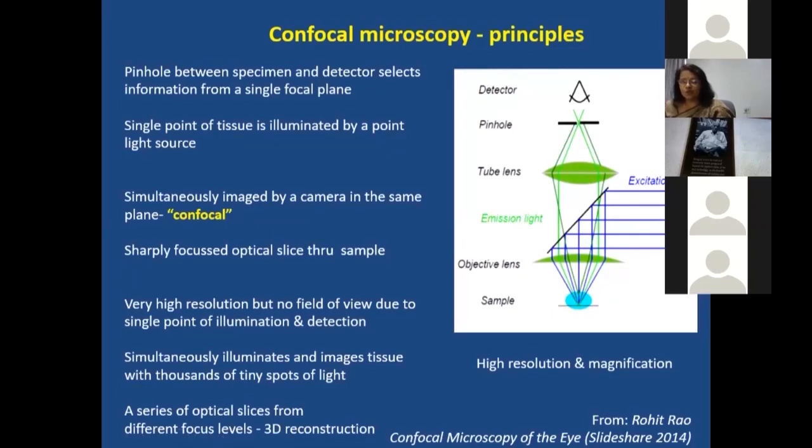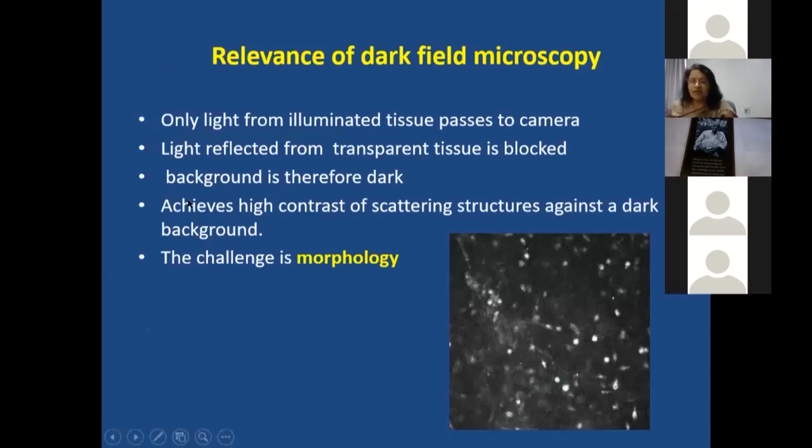detection. To overcome this, you simultaneously illuminate and image tissue with thousands of tiny spots of light. So you get a series of optical slices with different focus lengths, and then you have a 3D reconstruction of this. The principles of dark field microscopy are very relevant to confocal microscopy.